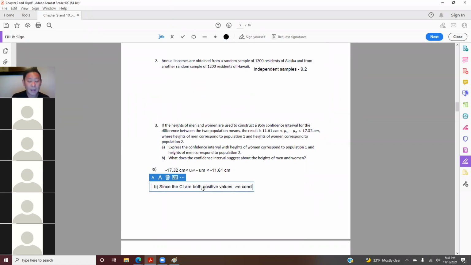P1 is greater than P2. The only difference here is we don't use P, we use mu. Mu1 is greater than mu2. And which one is 1 in this case, man or woman? Man. That's why we sometimes use M and W instead of 1 and 2, so that you can see more clearly that 1 in this case is man and 2 is women.